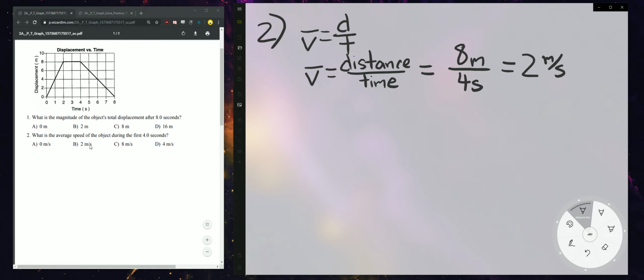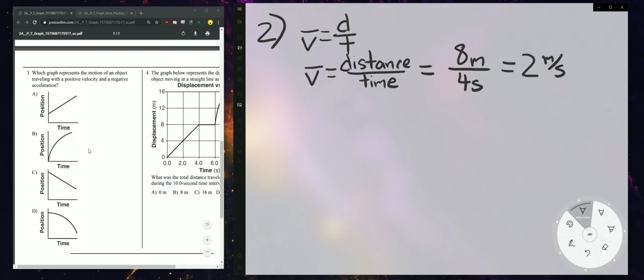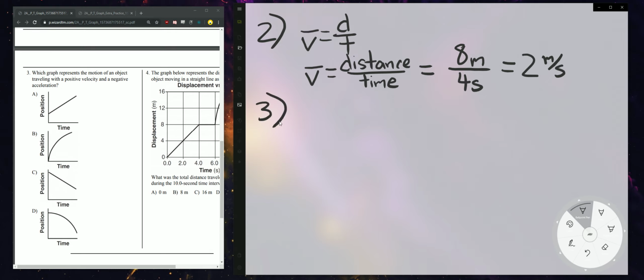All right, number 3. I can kind of do this on the same sheet. I don't really have to erase anything. So, which graph represents the motion of an object traveling with positive velocity and negative acceleration?